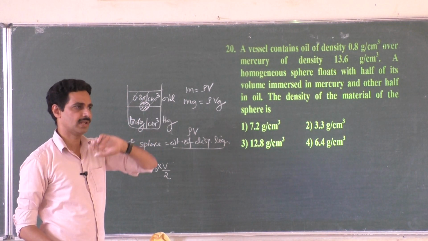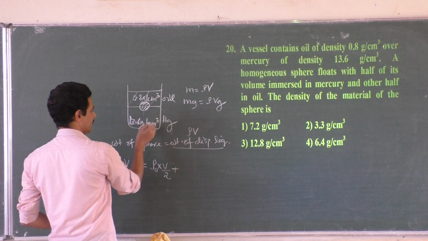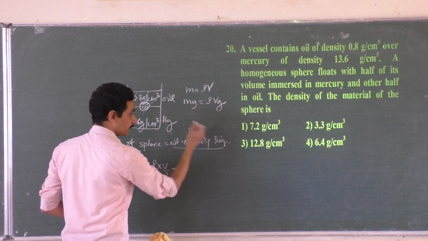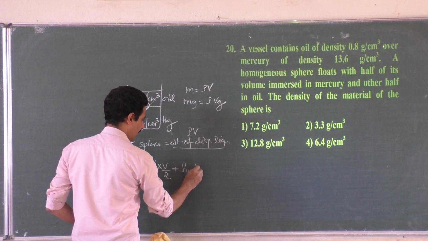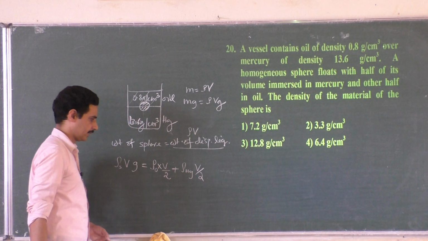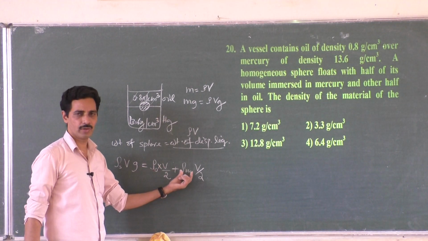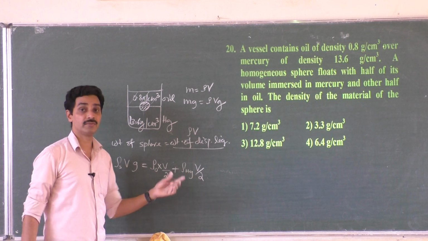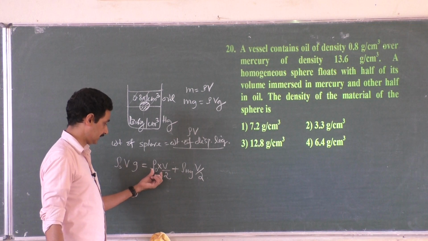Plus there is another liquid displaced, mercury. What is the weight of the mercury displaced? It is the density of the mercury into half of the volume of the sphere. Got it now? Density into volume for oil, plus density into volume for mercury, is the total weight of the liquid displaced.